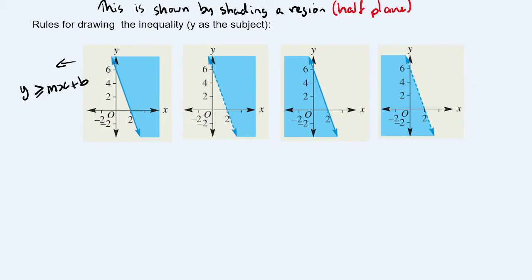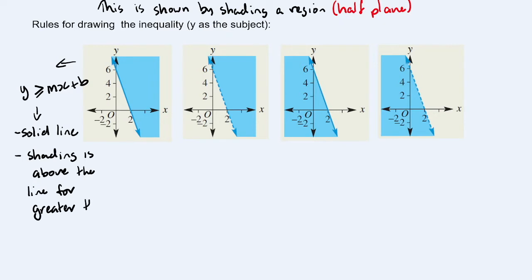This is a greater than or equal to, so you'll notice that it has a solid line to indicate potential equality, and the shading is above the line, because it's greater than. The shading says that those values above the line can satisfy.